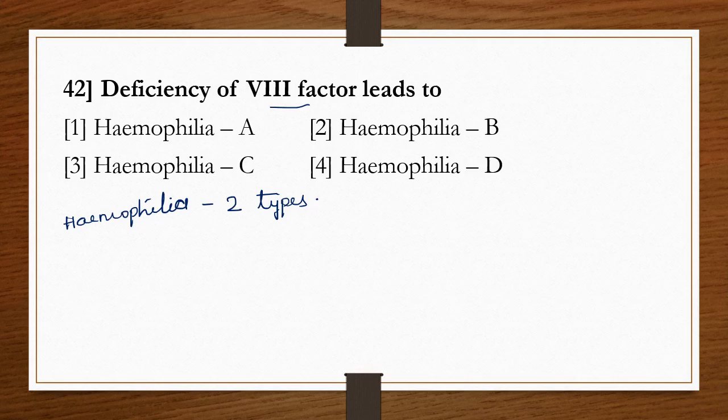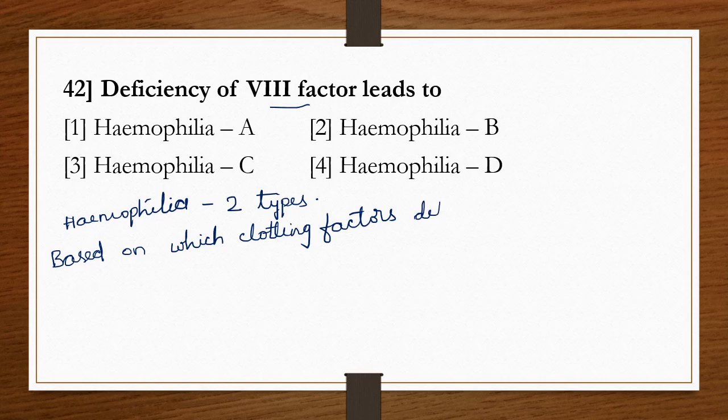It is based on the type of clotting factor affected, based on which clotting factor is deficient. Based on that, hemophilia is of two types.